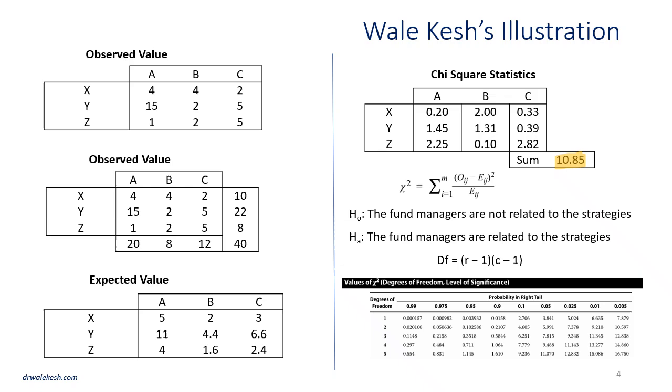So our calculated, which is this, will be compared to 9.488. Since our calculated is greater than the critical, then what do we do? We would reject our null. So what's our null? This is our null. So we would fail to reject our alternative.